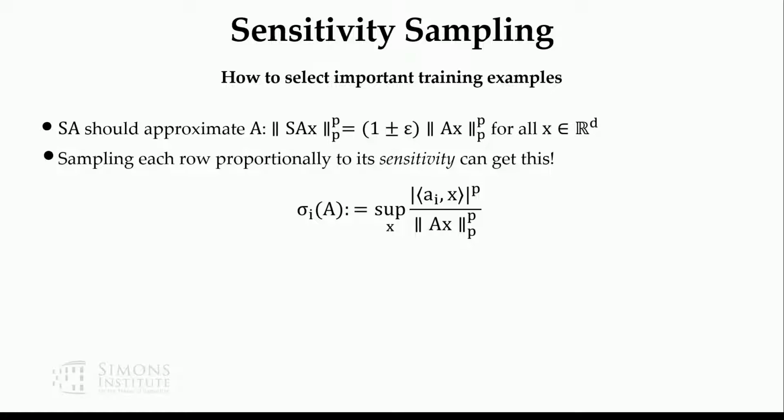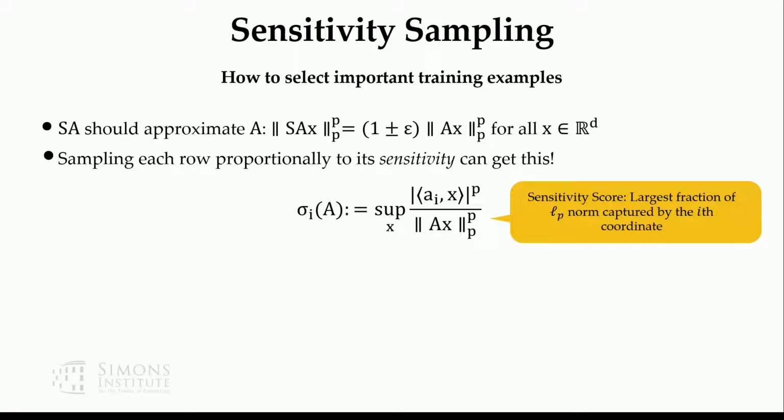Okay, so that's the ith sensitivity. What's important is the ratio of these two quantities. And the sensitivity score, as I said, captures the largest fraction of the LP norm held by the ith coordinate as you range over the subspace.